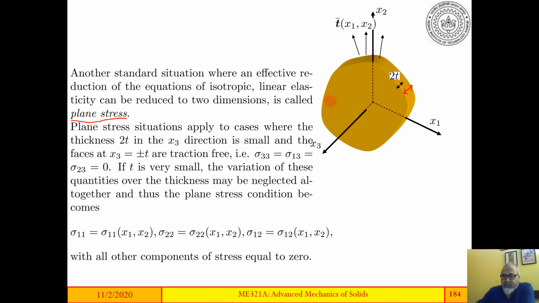Now see that this plane, as well as the plane behind, has to be traction free. The loading has to be completely in the x1 x2 plane.